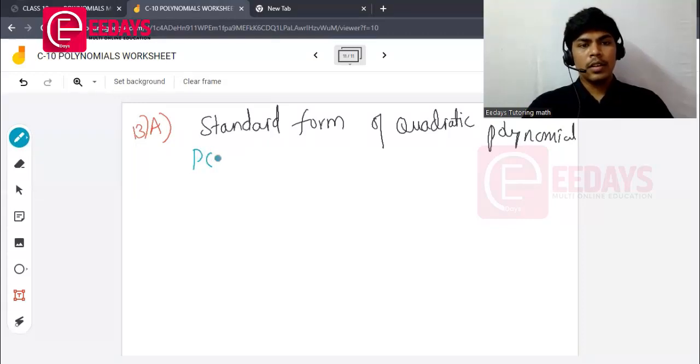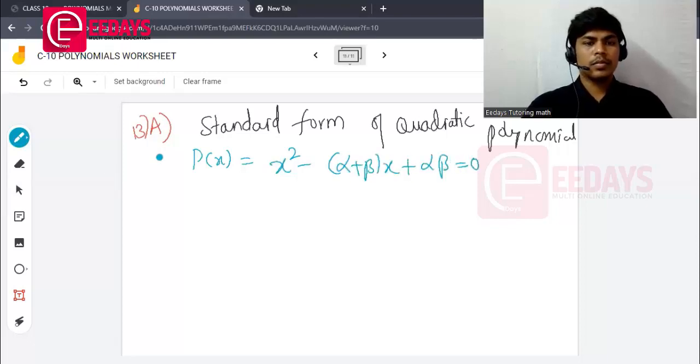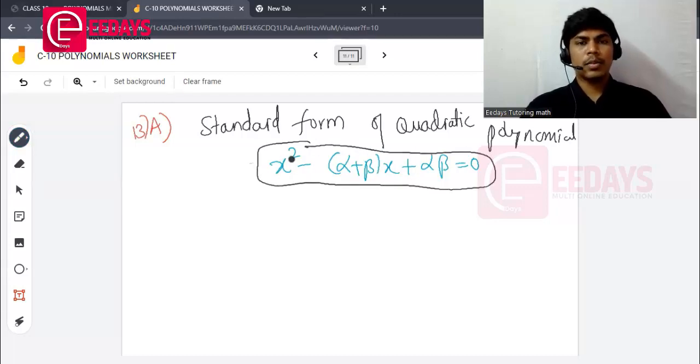We know that p of x is equal to x square minus (alpha plus beta) into x plus alpha beta is equal to 0. So this is the standard form: x square minus (alpha plus beta) into x plus alpha beta.